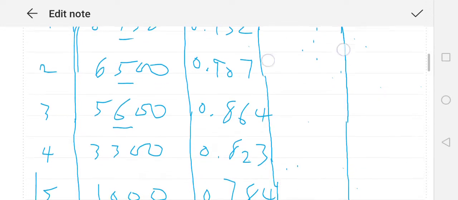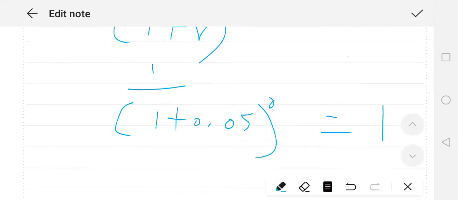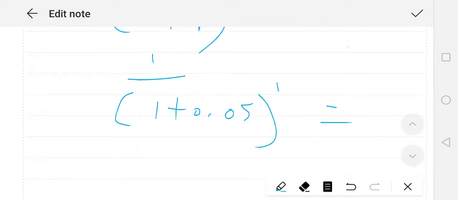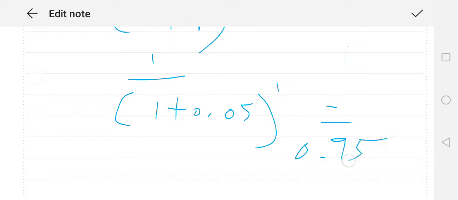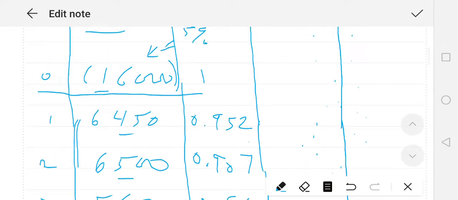When you come to year 1, you raise the same thing to the power 1, and you are going to get 0.952. So when you go to the table, you get 0.952 for year 1.